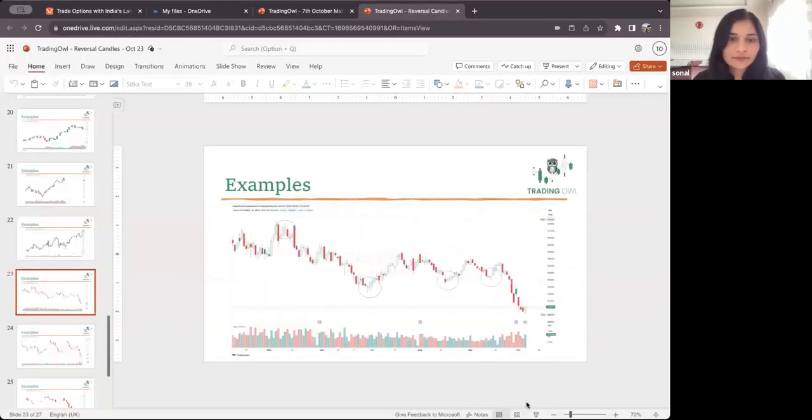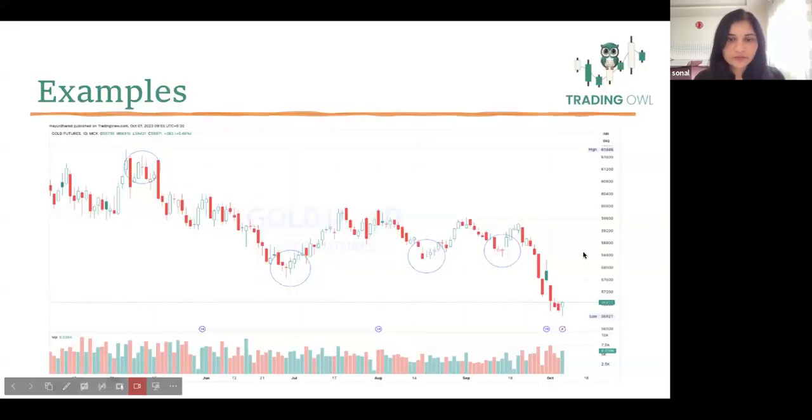See, your hammer at the bottom, when you see a long wick with a body towards the high of the day, that is when it makes a hammer. When it comes at a support level or after a considerable downtrend, you call it a hammer.